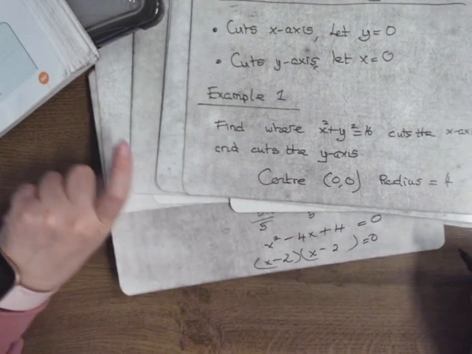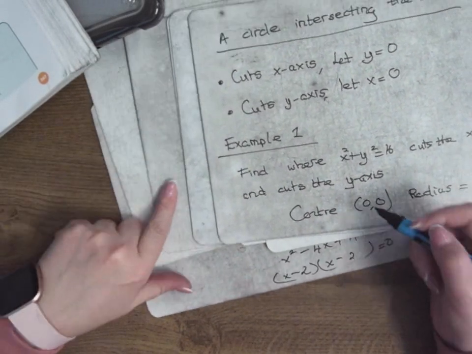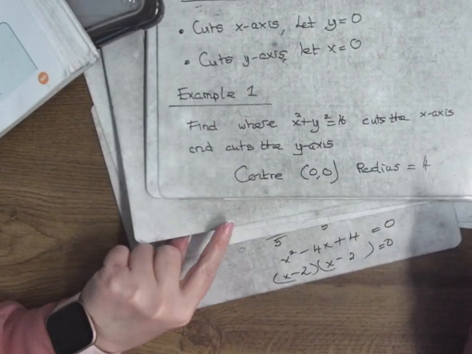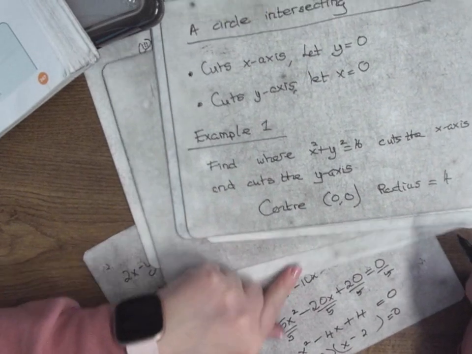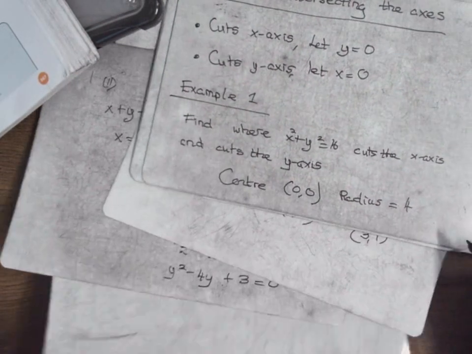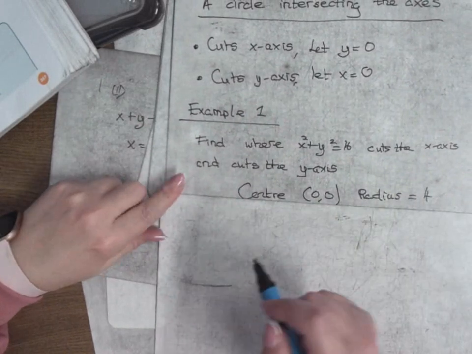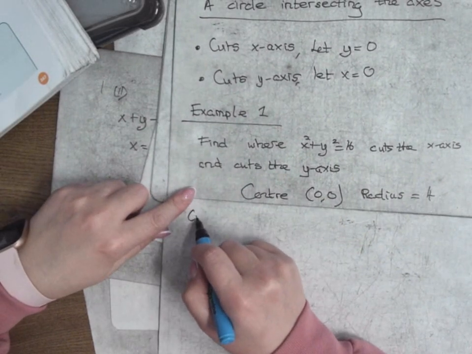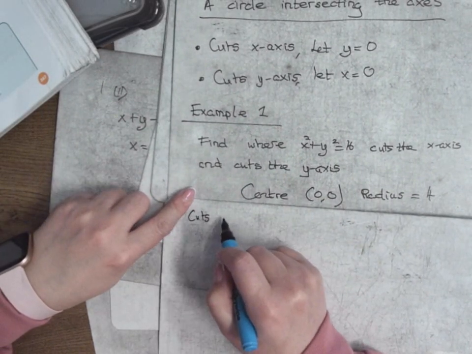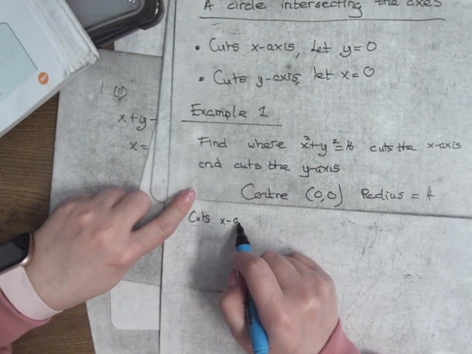We've done this already, but I'm going to apply the method because we're learning the method. So I want to know where it cuts the x-axis and cuts the y-axis. So where it cuts the x-axis first, always write down the rule because you get marks for it.